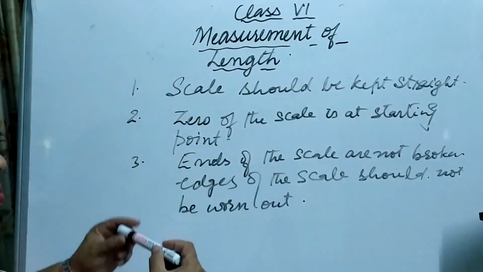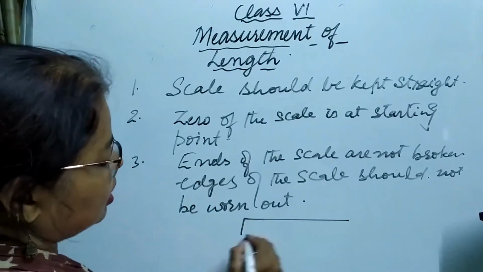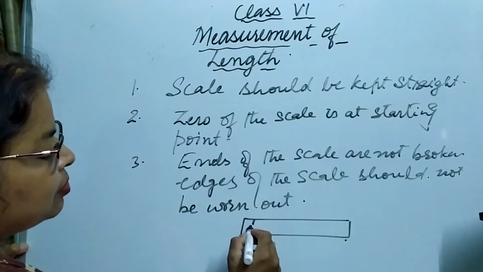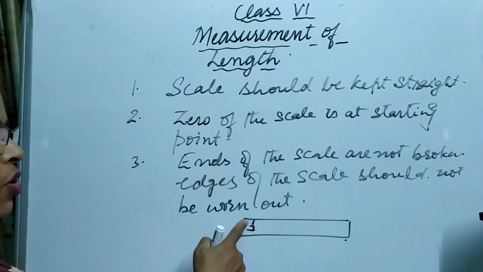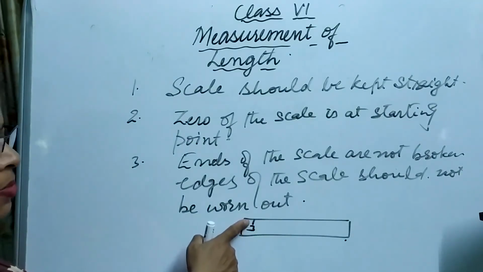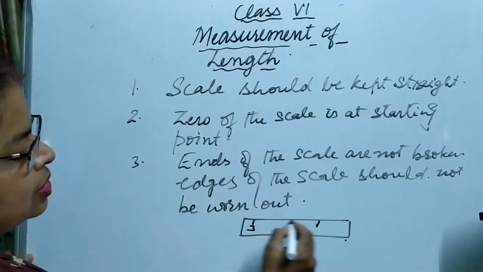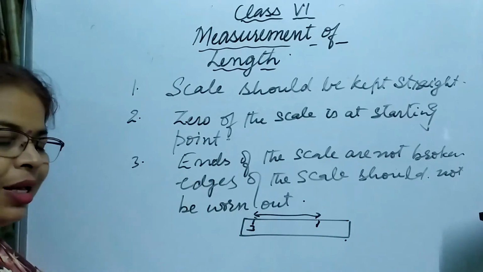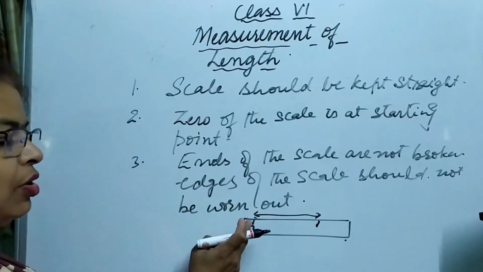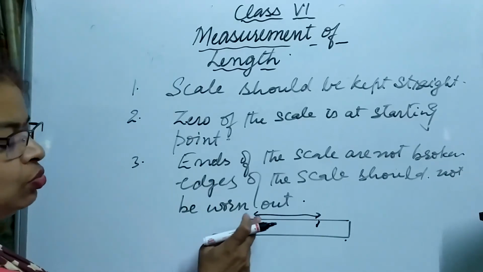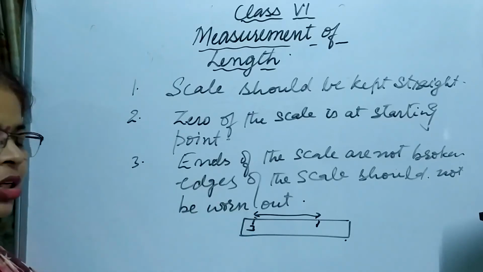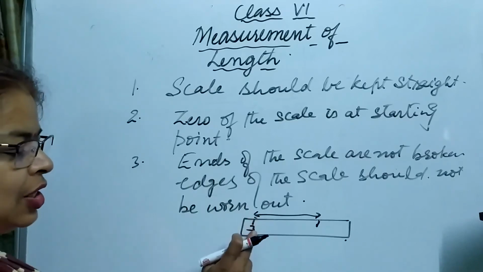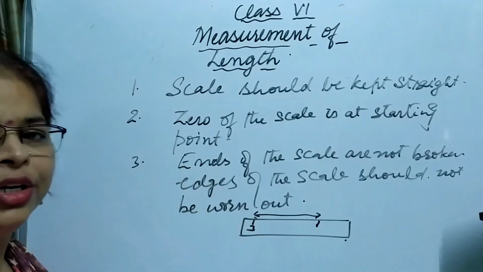Okay. For example, your scale starts, instead of starting from 0, from say 3. Instead of 0, it is having 3 as the first number. So when you are going to measure something of this length, what will you find out? In this case, you are going to reduce this number, 0, 1, 2, 3. So 3 centimeters or inches, whichever way you are measuring, should be reduced, and 3 should be taken as the first point, like 0.